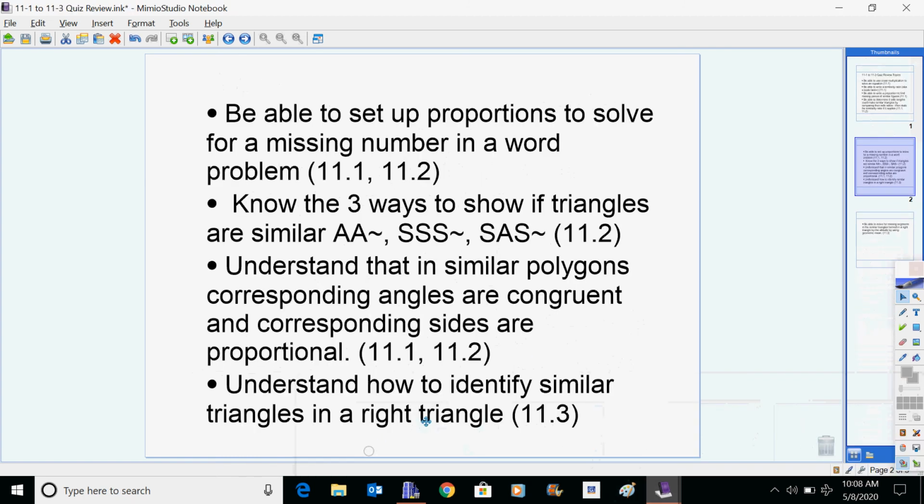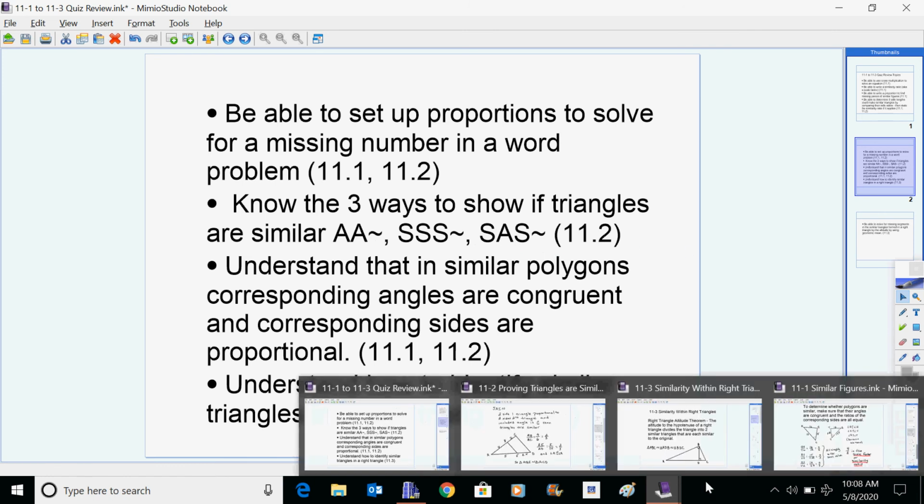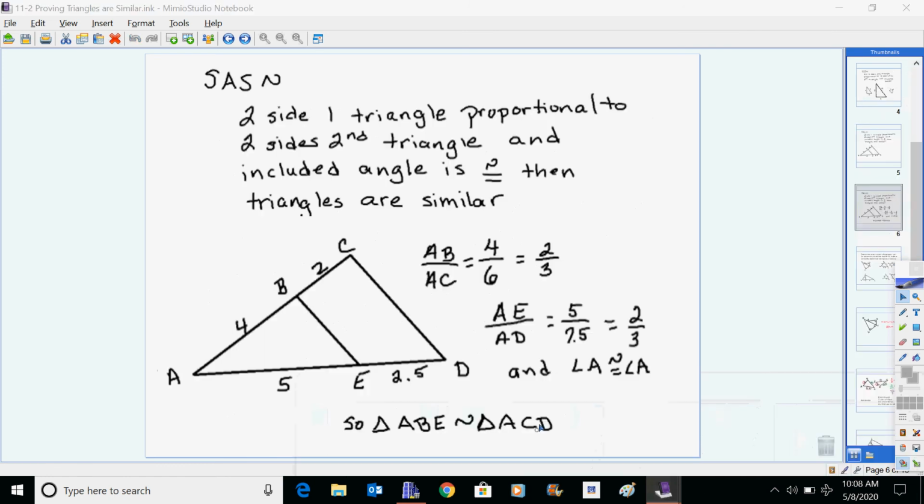You need to know the 3 ways of showing that triangles are similar: angle-angle similarity, side-side-side similarity, and side-angle-side similarity. Those were found in section 11.2. For example, you would need to determine if you had 2 proportional sides and the included angle to show that they were similar.